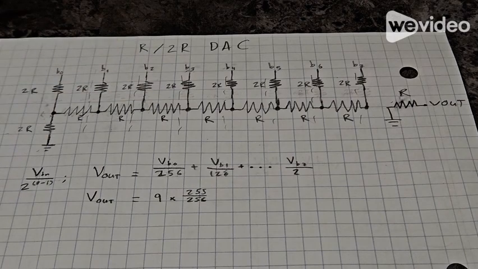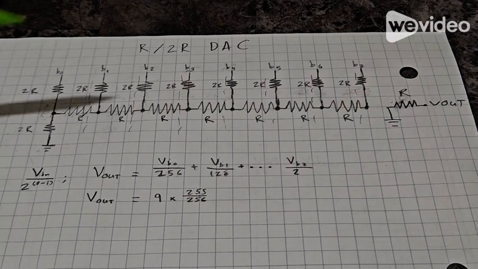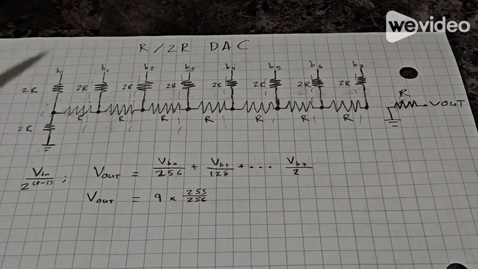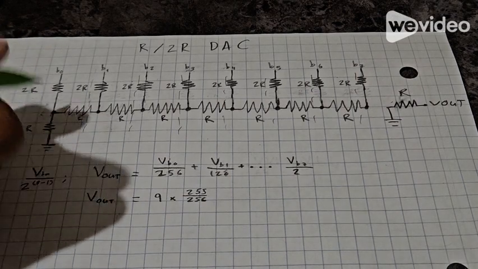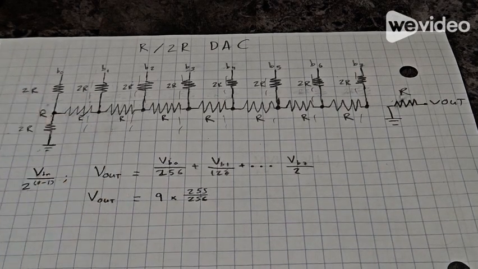In the R2R ladder, each branch is connected to a bit that can be replaced with a simple Thevenin voltage source and resistance. This makes it much easier to analyze each bit's contribution to the total output voltage. So here we have 2R and 2R, which are both resistors in parallel, and according to Thevenin's equivalent theorem, these two become R since they are in parallel.